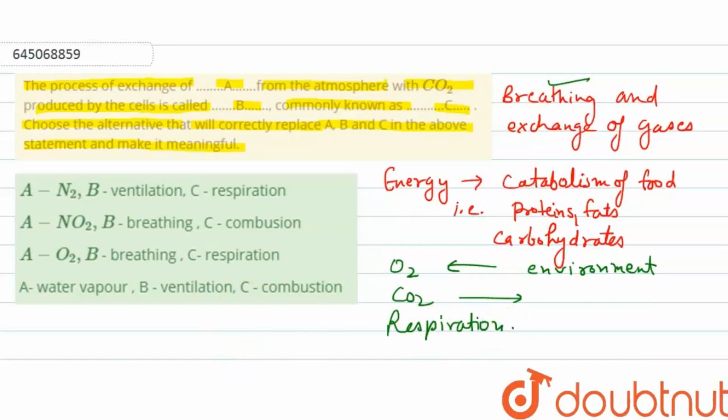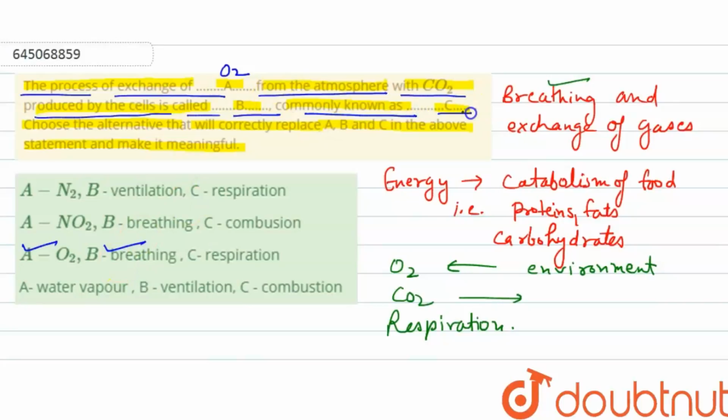So here, in the statement, the process of exchange of O2, oxygen, from the atmosphere with carbon dioxide produced by the cells is called B, that is breathing. A is oxygen here, B is breathing here, and commonly known as C, that is respiration.